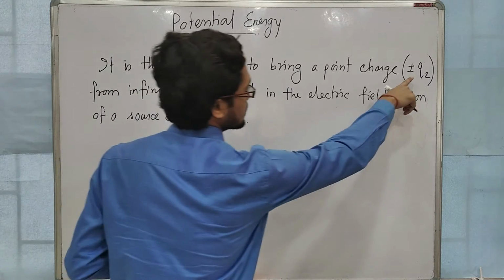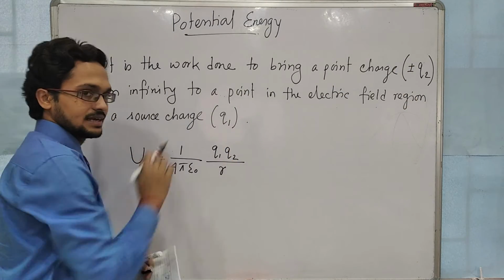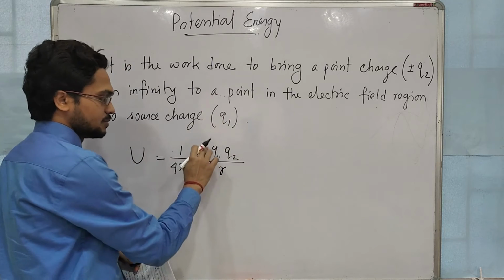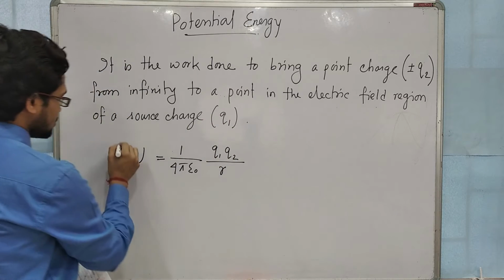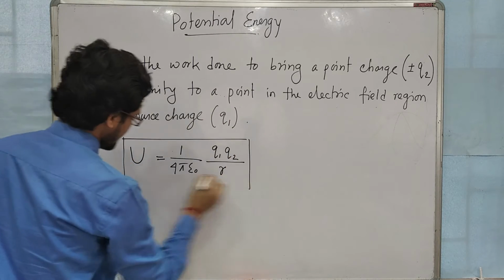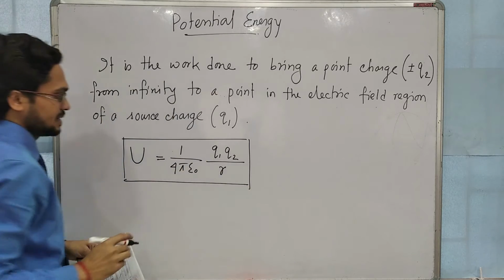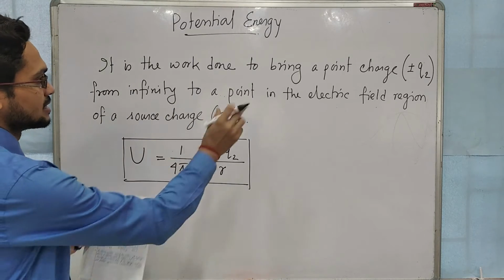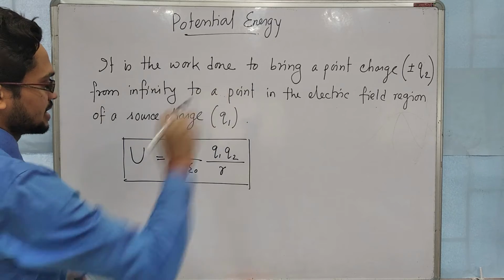If Q2 is negative then we have to put negative. If Q2 is positive and Q1 is also positive, then we put positive. So this is the mathematical expression for potential energy of these two charges Q1 and Q2.